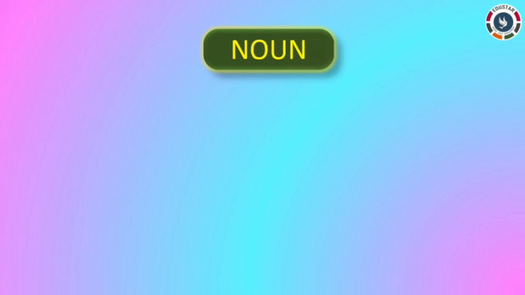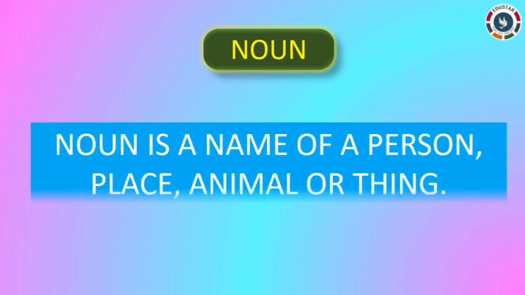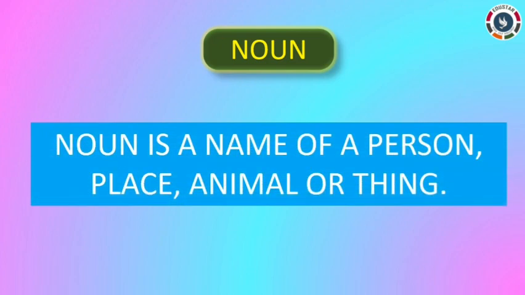Now let us move on to our topic. We know what is a noun, isn't it? Noun is a name of a person, place, animal or thing.